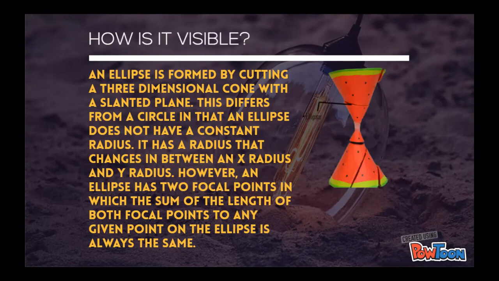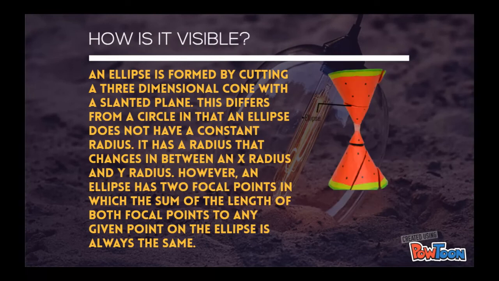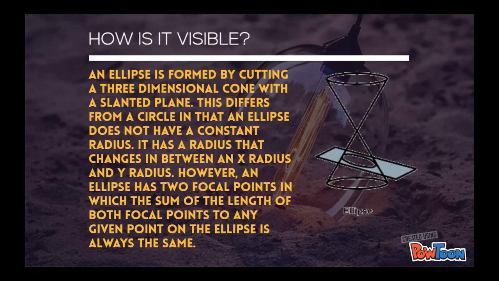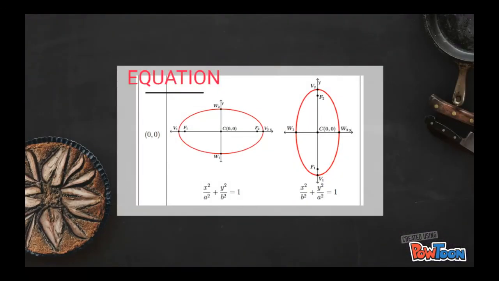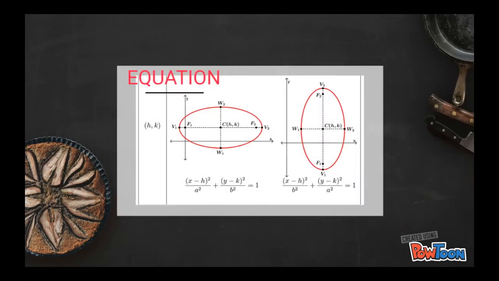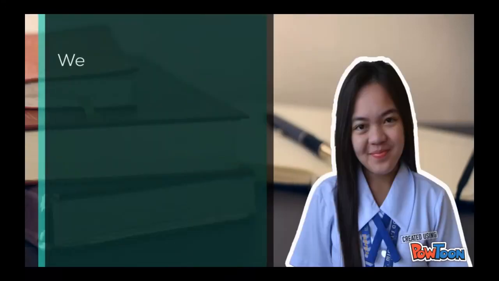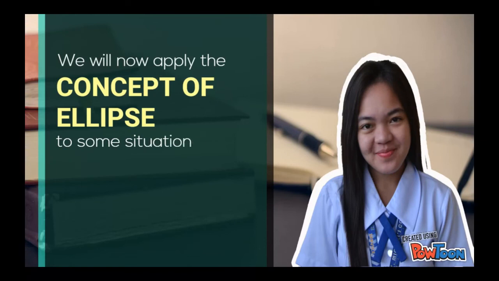However, an ellipse has two focal points, in which the sum of the lengths from both focal points to any given point on the ellipse is always the same. We will now apply the concept of ellipse to some situational problems.